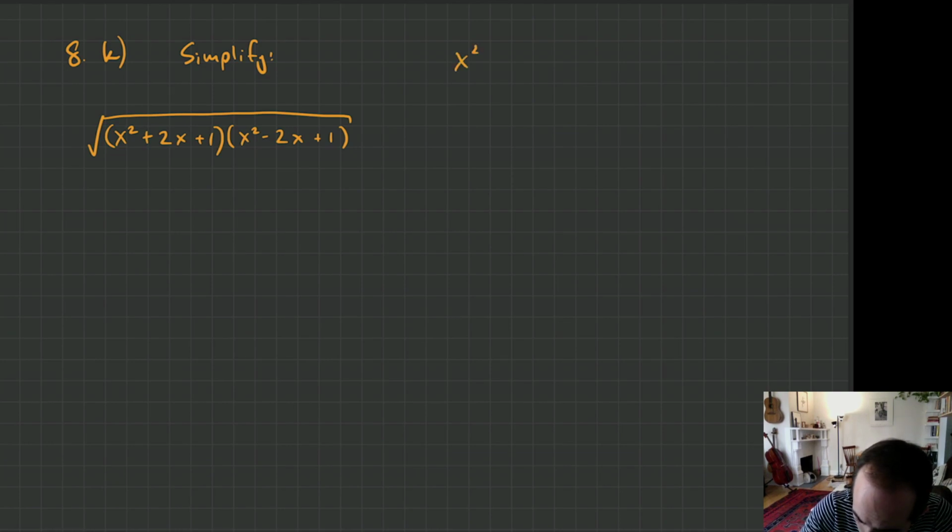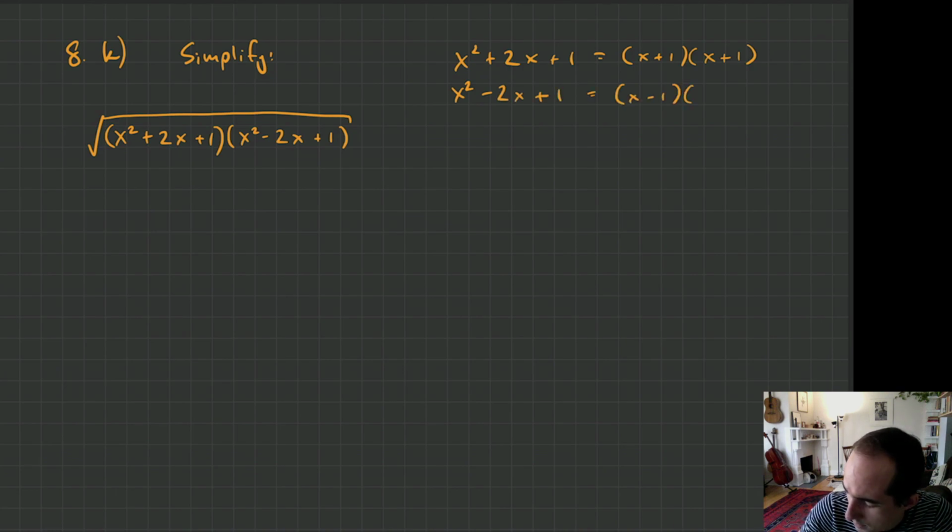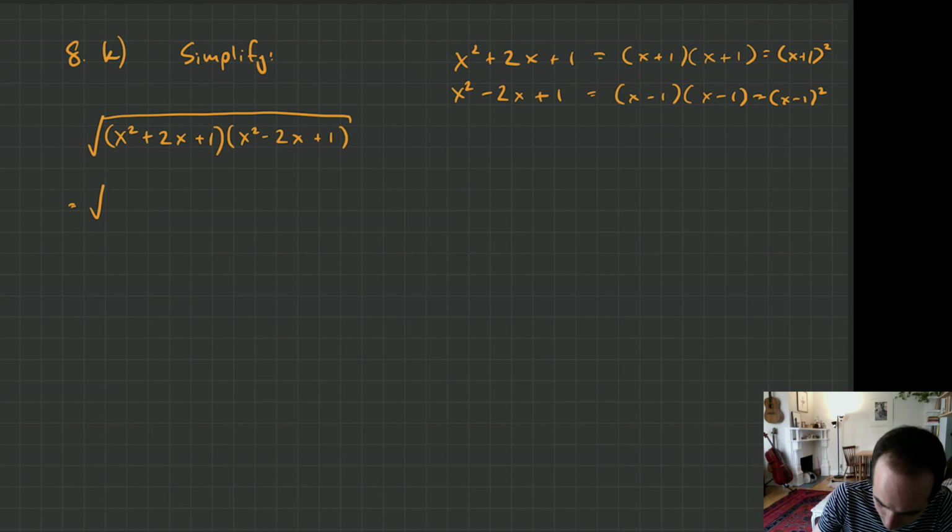I know that x squared plus 2x plus 1 is equal to x plus 1 times x plus 1, and x squared minus 2x plus 1 is equal to x minus 1 times x minus 1. Oh, and look at that. This is x plus 1 squared, and this is x minus 1 squared. So let's simplify this a little bit more. This is going to be x plus 1 squared times x minus 1 squared.